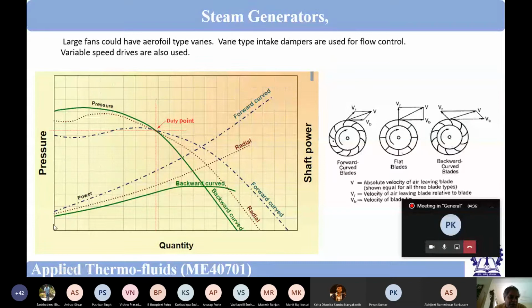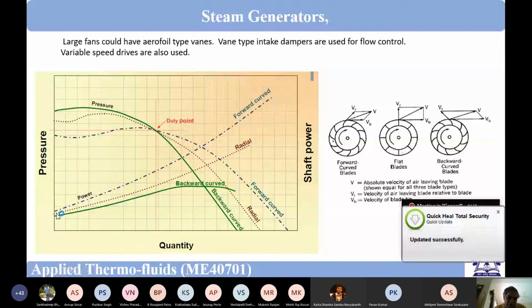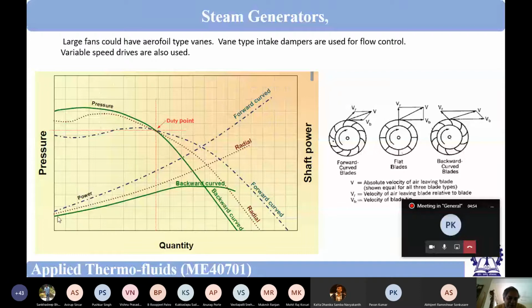Here you see, though the volume flow rate is 0, the power is not 0. You have to give a certain amount of power, because there will be some sort of a loss.